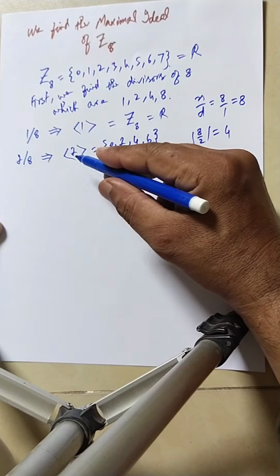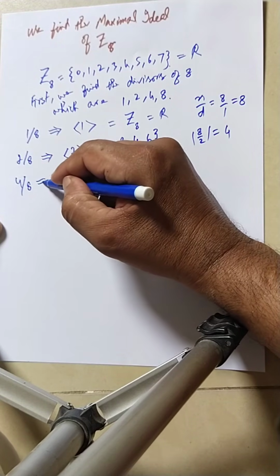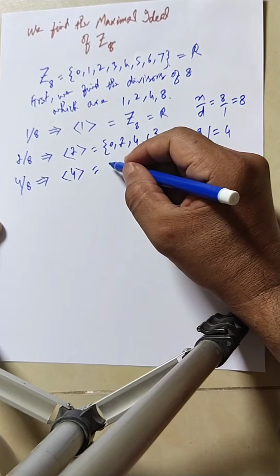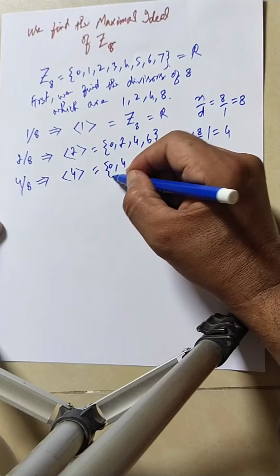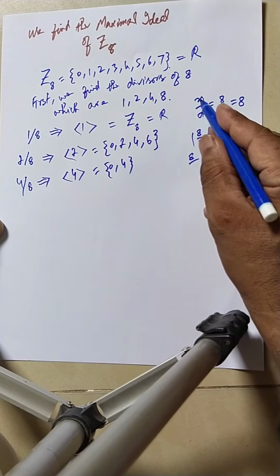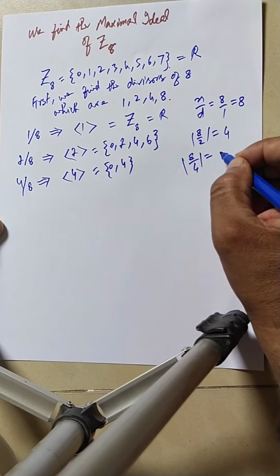Next, 4 divides 8, the ideal generated by 4 is 0 and 4, it contains 2 elements, order is n by d, 8 by 4, order will be 2.